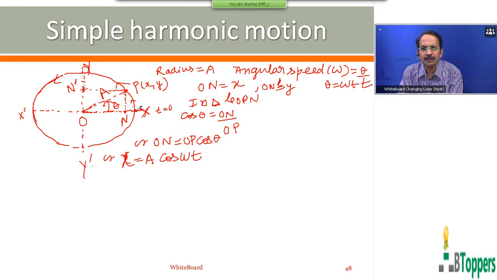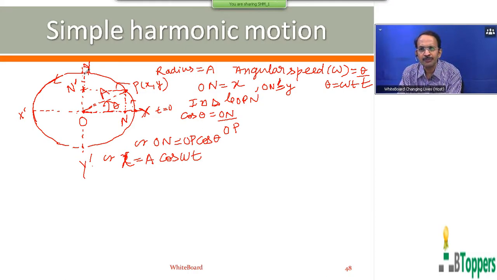When the particle moves from the end X to the point P, the projection of the particle moves from the end X to the point N.